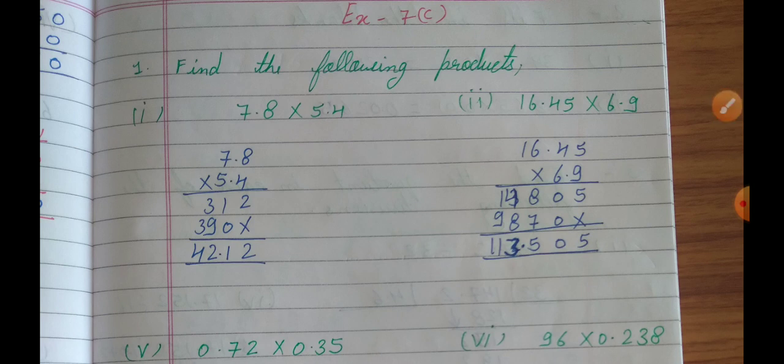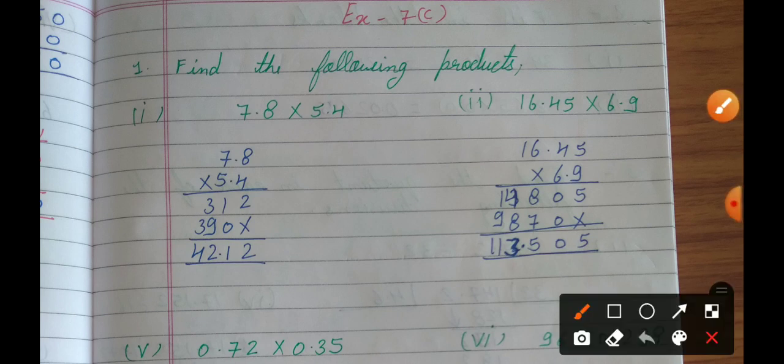And now we have to place the decimal point after as many digits as the total number of decimal places in the given two numbers. Here 1 digit after the point, here also 1 digit after the point. It means total decimal places are 2. According to this, from the right-hand side we have to put the point after 2 digits.